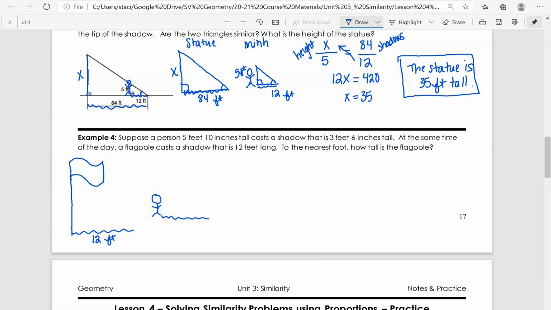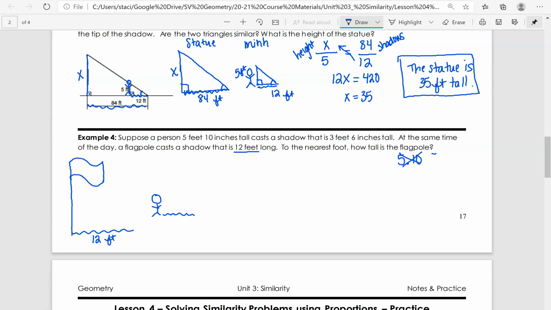But when we talked about the fact that this person is 5 feet 10 inches tall, let's think about that for a second. I need to make sure I understand that when I say 5 feet 10 inches tall, that's not how I write that, because I have to remember that there are 12 inches in a foot.